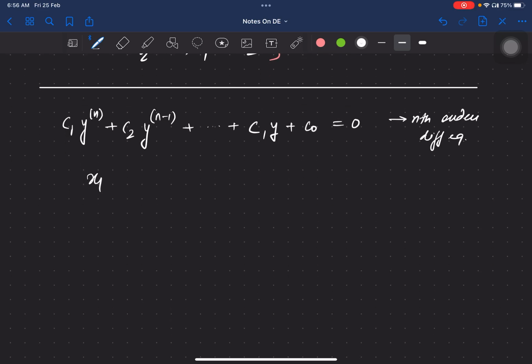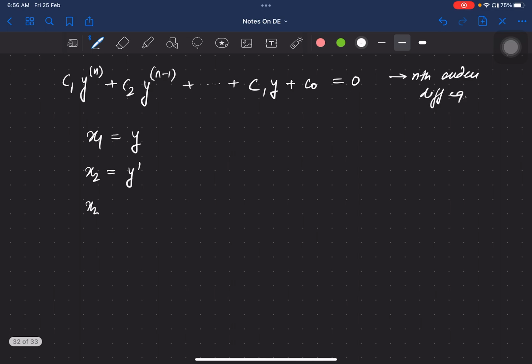So we assume x1 as y, x2 as y prime, x3 as y double prime, and so on up to x_(n-1), xn as y^(n-1).